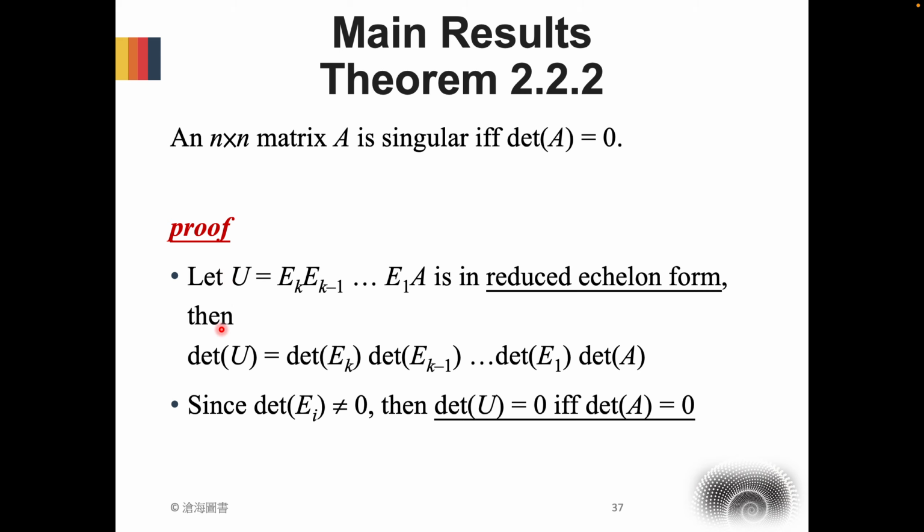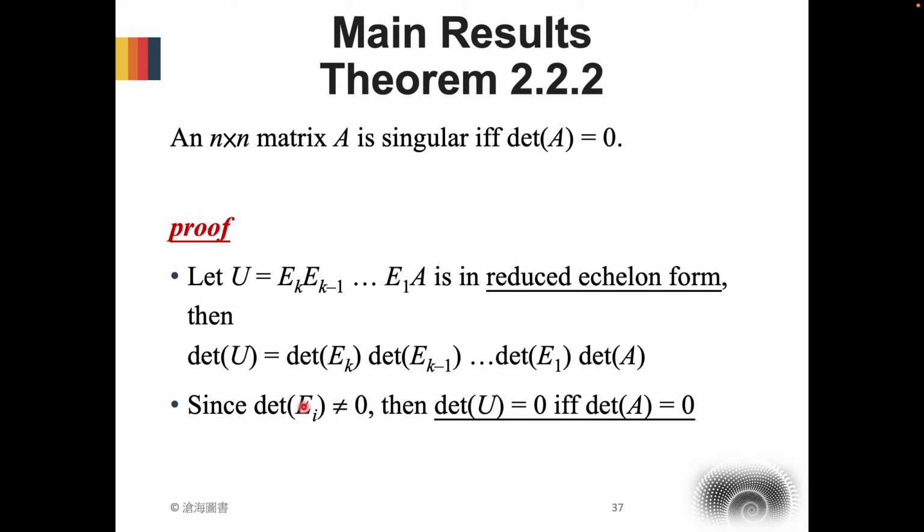And now, according to what we mentioned in previous slides, the determinant of U is equal to determinant E_k times determinant E_{k-1} and so on, times determinant A, right?